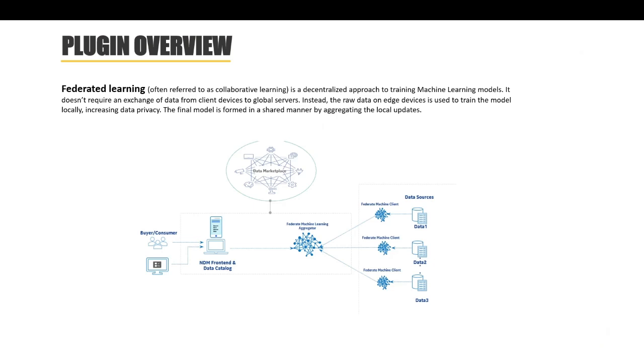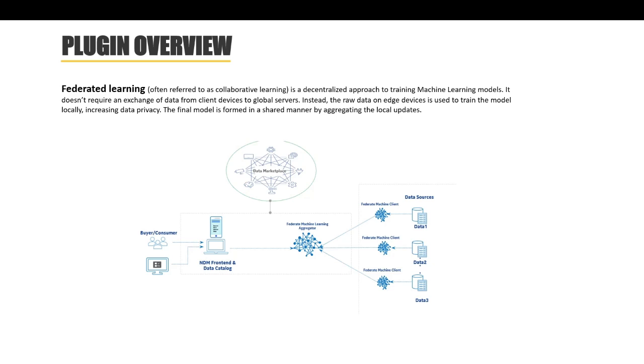Just to have an introduction about federated learning. Federated learning, also referred to as collaborative learning, is a decentralized approach for training machine learning models. It doesn't require an exchange of data between client devices and the global server or other clients.